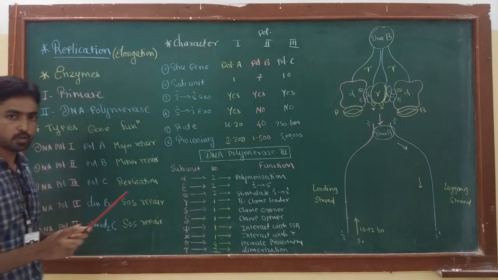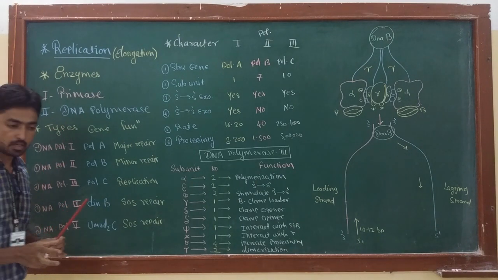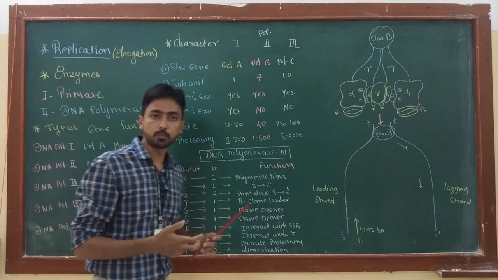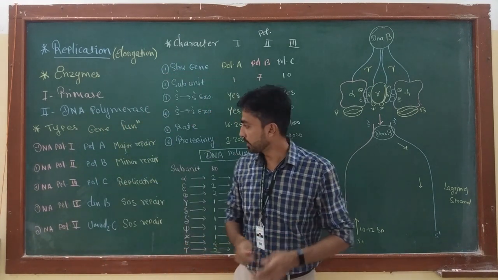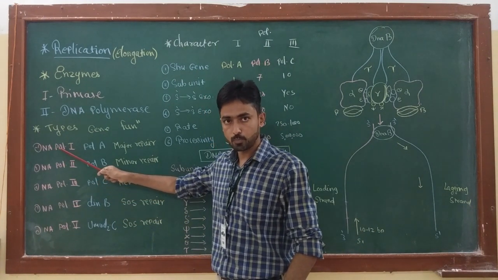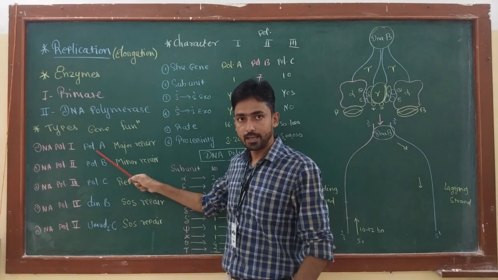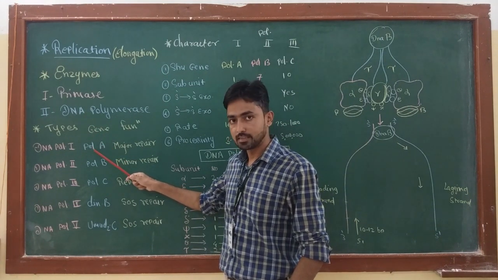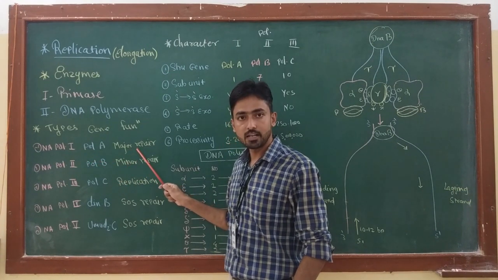In prokaryotes, like in E. coli, multiple DNA polymerase enzymes are reported, like DNA polymerase 1, 2, 3, up to 5. And all these enzymes have quite different functions. For example, the DNA polymerase 1 enzyme in E. coli or prokaryotes is produced by the gene PolA, or polymerase A gene, and this enzyme is required for major repair mechanisms.